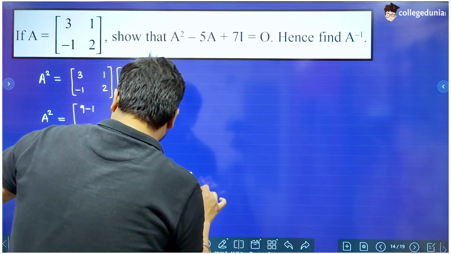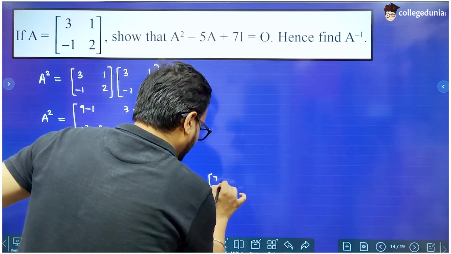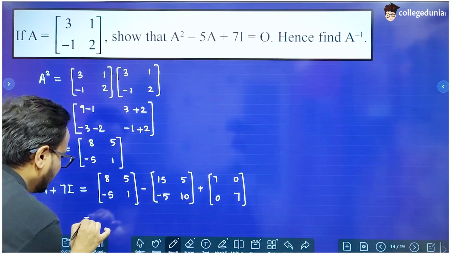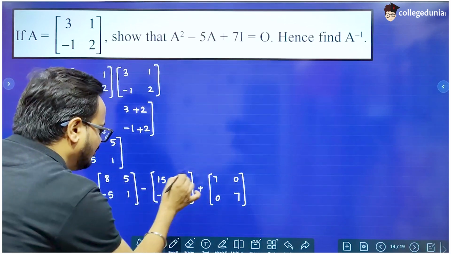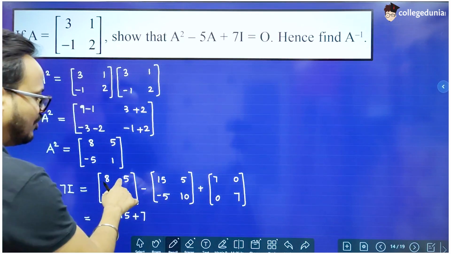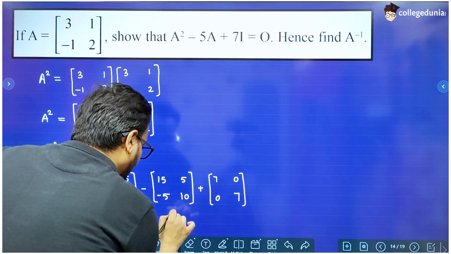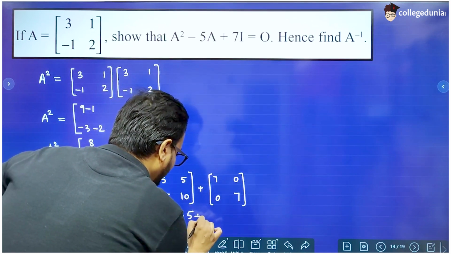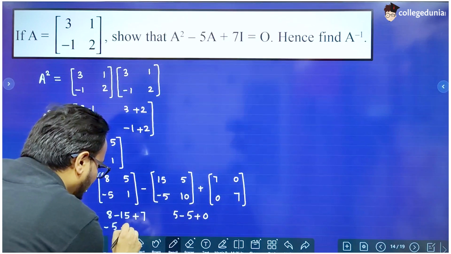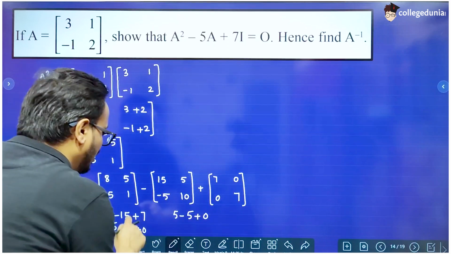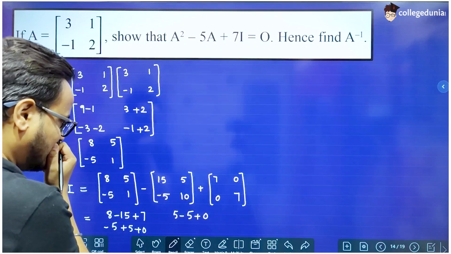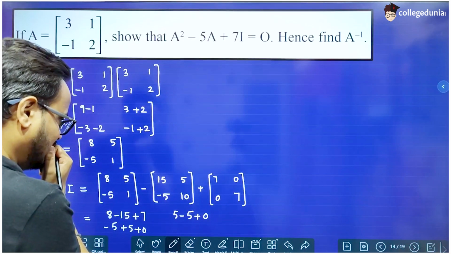Plus 7I, I is the identity matrix, so it is 7, 0, 0, 7. So it is 8 minus 15 plus 7, 8 minus 15 plus 7, 5 minus 5 plus 0, 5 minus 5 plus 0, minus 5 plus 5 plus 0, minus 5 plus 5 plus 0, 1 minus 10 plus 7.